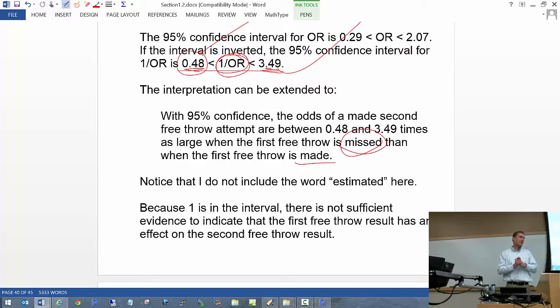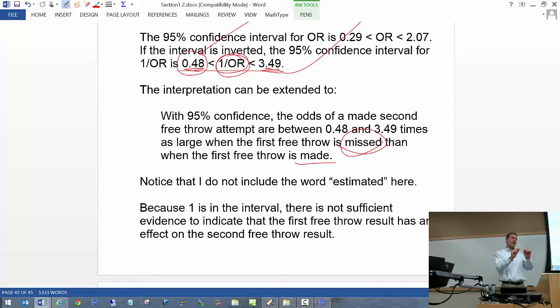But then one of the interpretations you gave was that if we did the same experiment all over again, we expect to find them in that range, 95% of the time. No, not that particular range. That second interpretation that I think you're talking about comes about something like this. Let's say you state your interval, 0.29 to 2.07. Then you would say for 95% of all similarly constructed intervals.